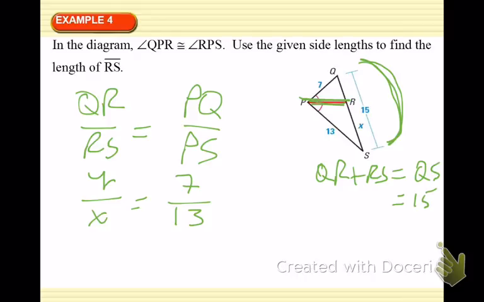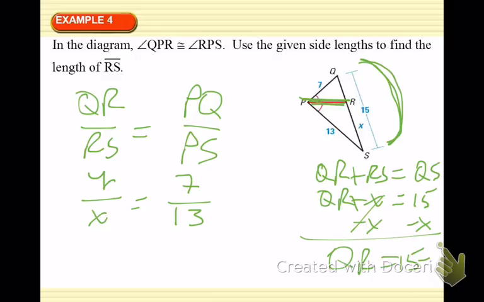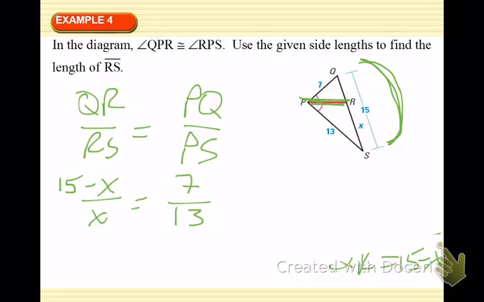QS is 15, RS is X, QR is just QR, right? Now we're going to have to subtract X from both sides to get QR by itself. So QR is going to be 15 minus X. So we can actually let QR, which is this guy over here, be 15 minus X. And now we've got a proportion that has one variable in it, and we can solve that, okay?